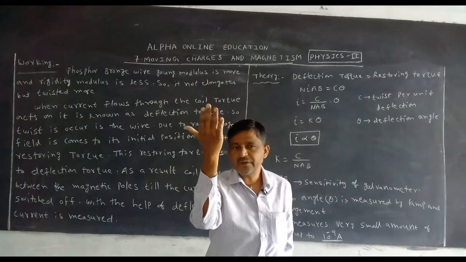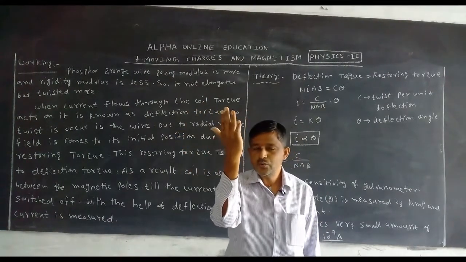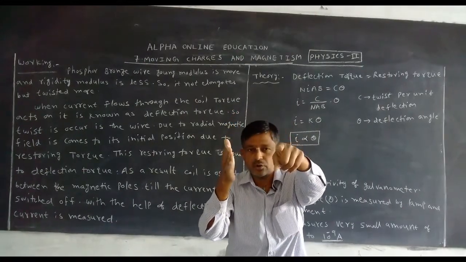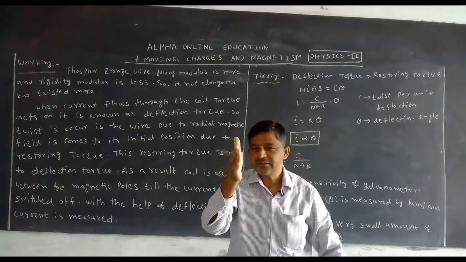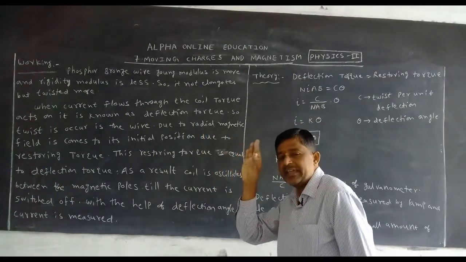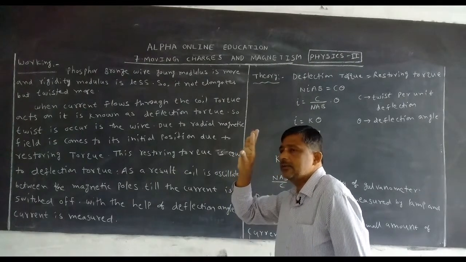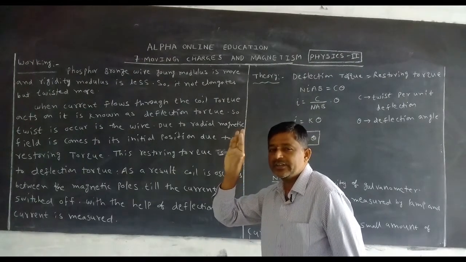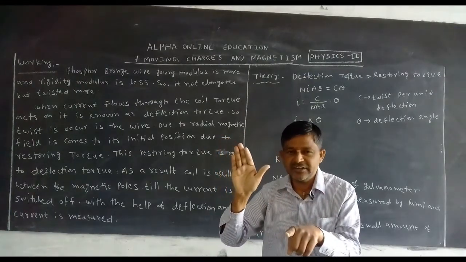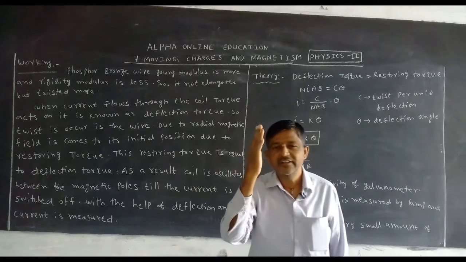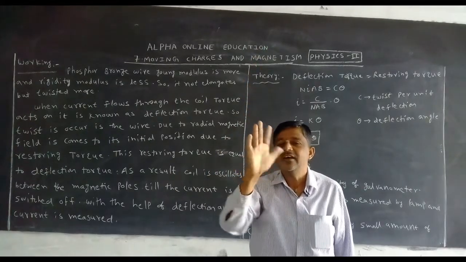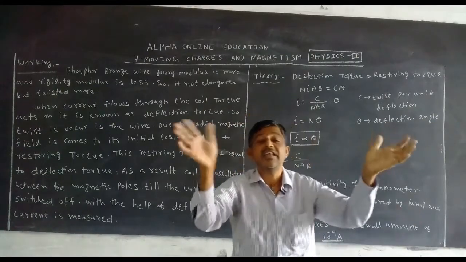Due to the restoring torque, it wants to reach its initial position, but the deflection torque is equal to the restoring torque, so the coil oscillates in this direction. Again, the radial magnetic field brings it to the initial position, but again the deflection torque is equal to the restoring torque. That's why, when current is passing through the coil, it oscillates between the N and S poles.